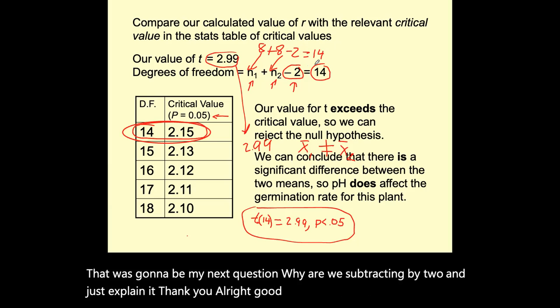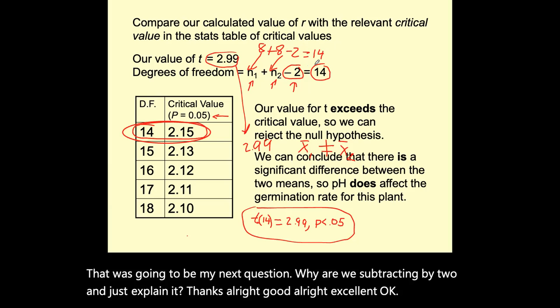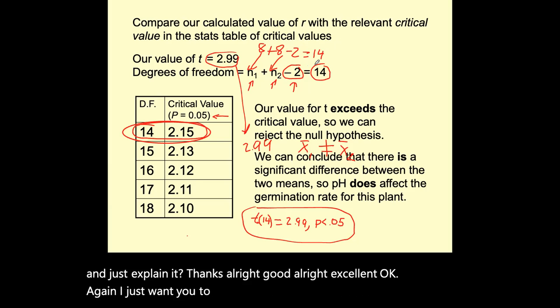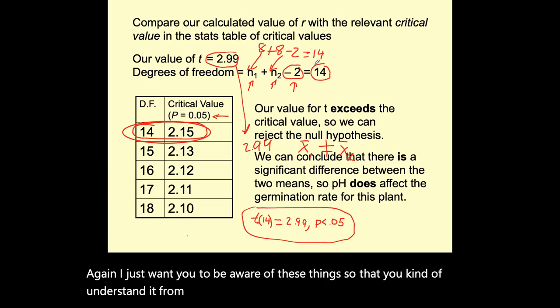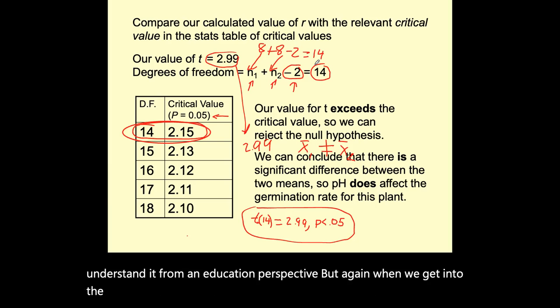Excellent. Okay. Now, again, I just want you to be aware of these things so that you understand it from an educational perspective. But again, when we get into this, the software will provide you with all of these numbers that you need.